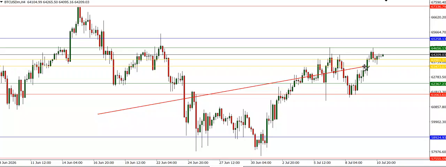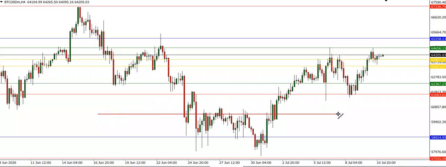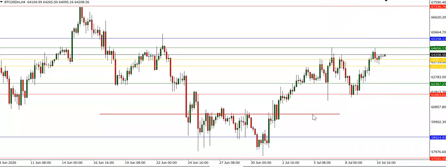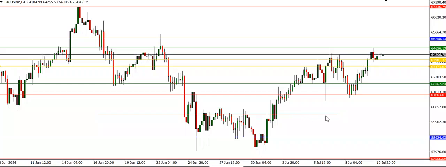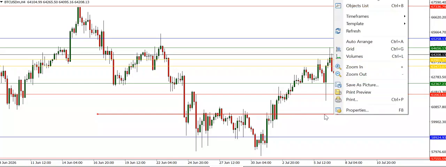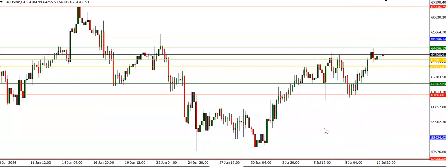Also serving as resistance here. So it's a key level. For it to be a key level, it must be tested twice or 3 times or multiple times. So if price respects that level and moves away 2 times or 3 times, the level becomes a key level.